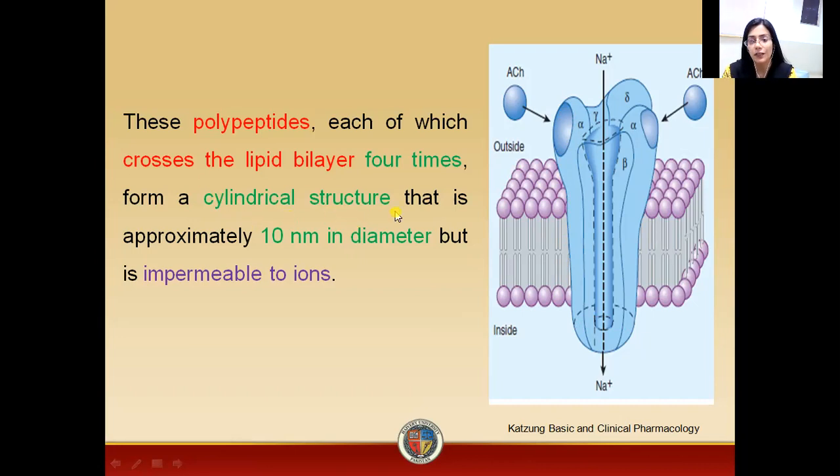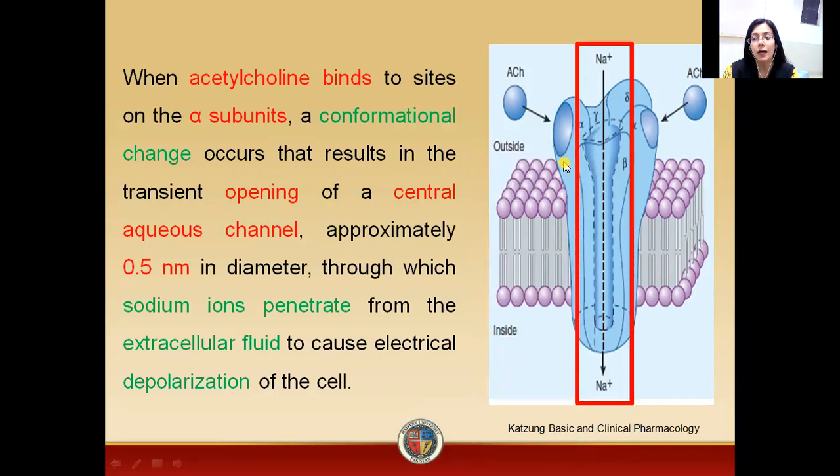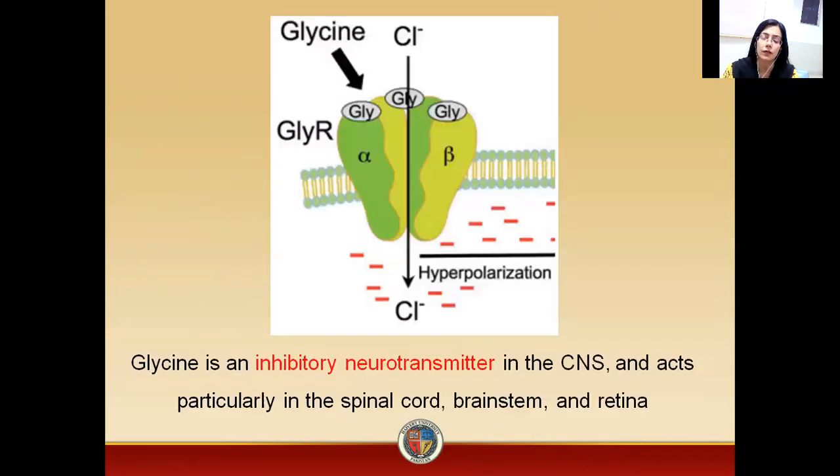Due to this cylindrical structure, the diameter of this polypeptide is actually 10 nanometer. And these diameters are particularly impermeable to the ions. However, the permeability of the ions is only due to the opening of the channel, which is 0.5 nanometer. So this channel is actually responsible for the cellular effect.